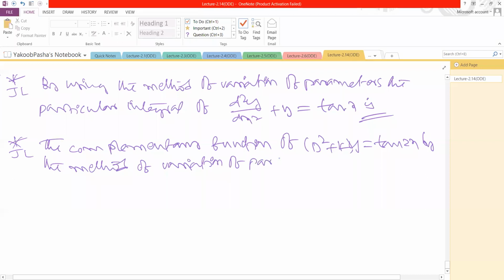You can do this problem. Easy, we can find that. Here m is equal to plus or minus 2i. That is c1 cos 2x plus c2 sin 2x, the corresponding complementary function.